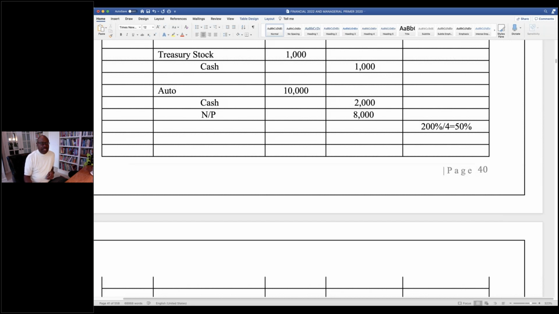So when we get ready to make this entry, we're going to debit what? Depreciation expense. And credit what? Accumulated depreciation.